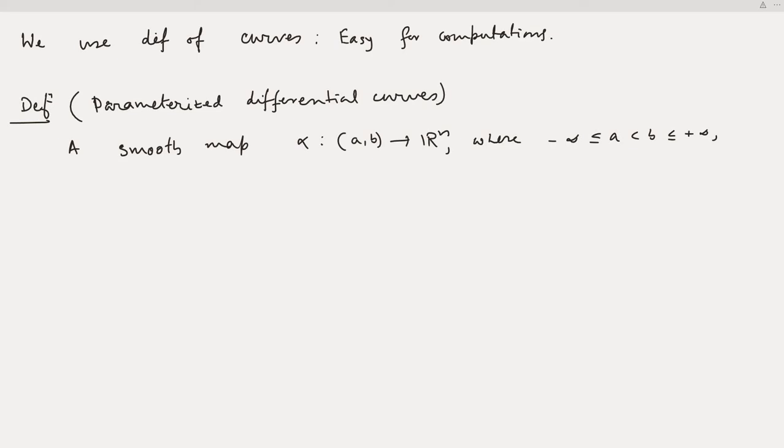Okay, so a smooth map like this is called, precisely, a parameterized differentiable curve.